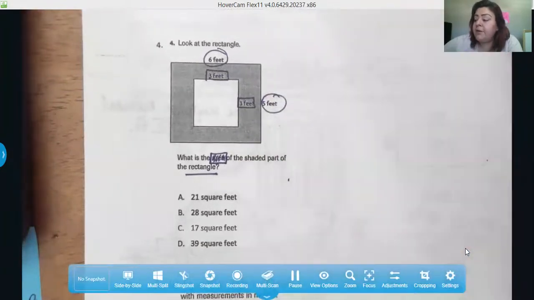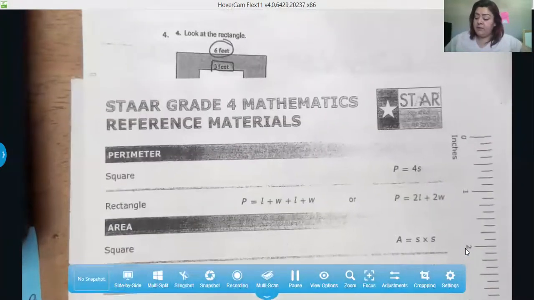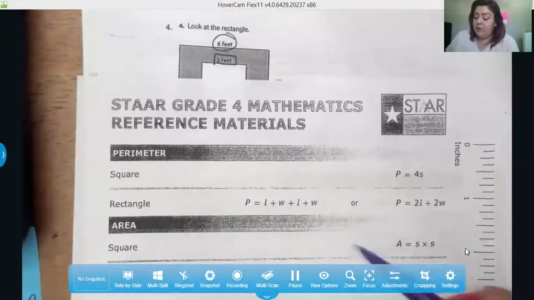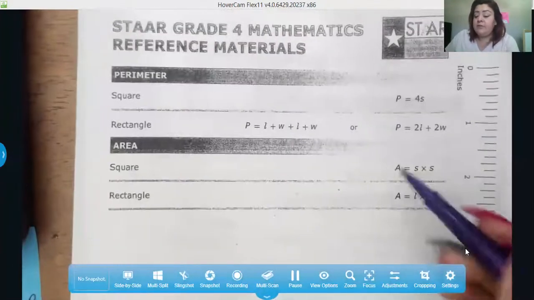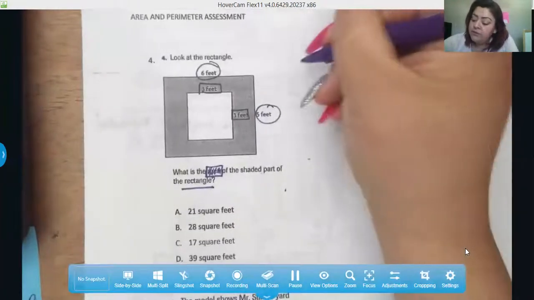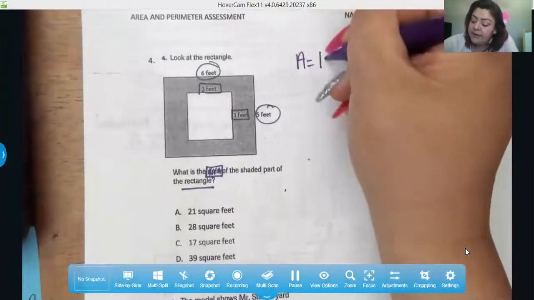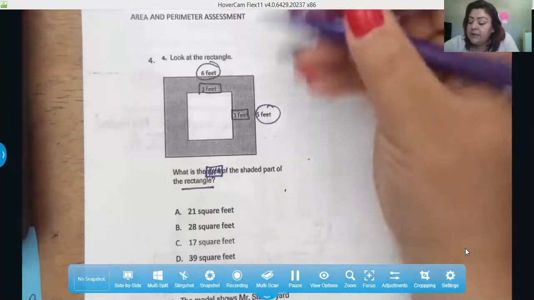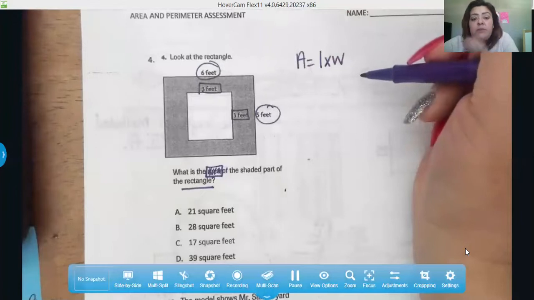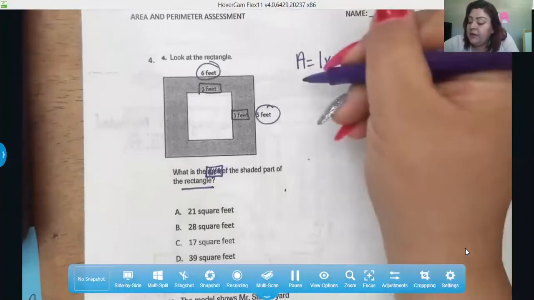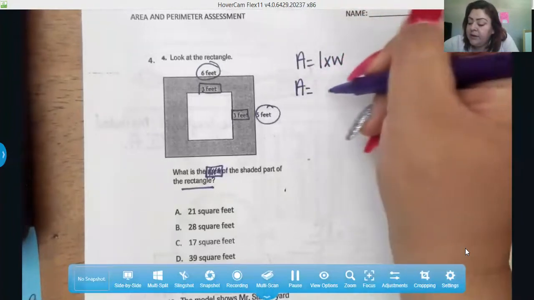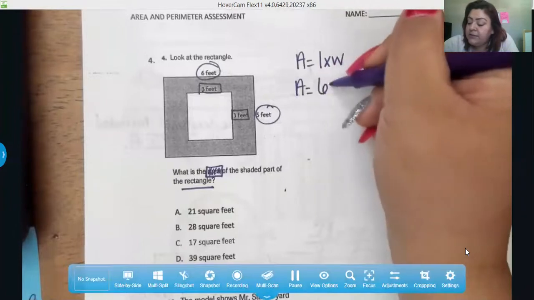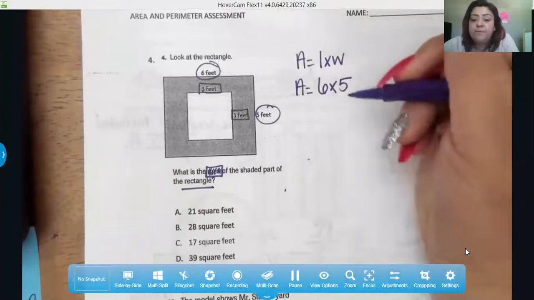So I'm going to go over here and check my reference sheet, and I've got area of a rectangle is area equals length times width. Now, this is for my outside one, then I'm going to plug in what I know, okay? I do not know area yet, but I know my length and my width, which is going to be 6 times 5, okay?